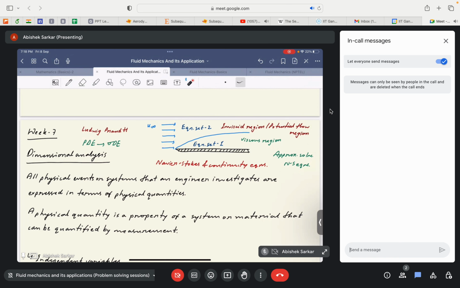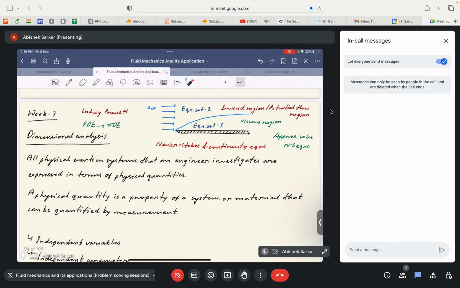Not so inaccurate that the solution is unacceptable, but inaccurate in a sense that the solution is acceptable, though it is inaccurate, and it gives us an idea of how a particular flow variable changes in that particular flow field, so that we can then get the required idea of the flow field and make certain models to solve our problems, right? So that's the very gist of any engineer or a fluid mechanics researcher. So yes, that's what I wanted to tell.